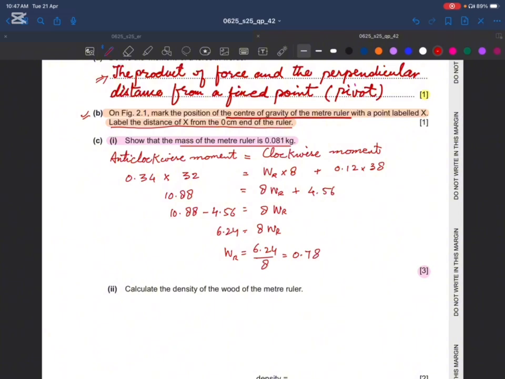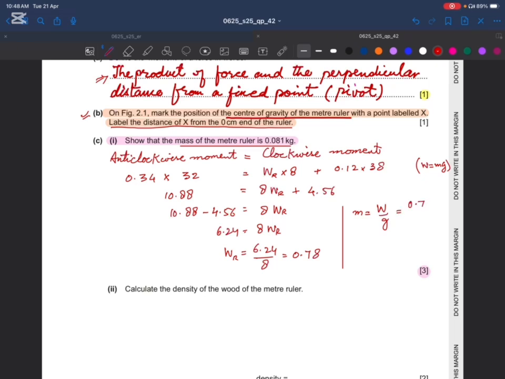But remember that this is weight and you need to calculate the mass. How will you calculate the mass? You have to recall the equation for weight: W is equal to mg. So m is equal to W over g.